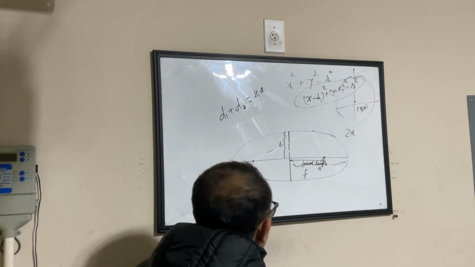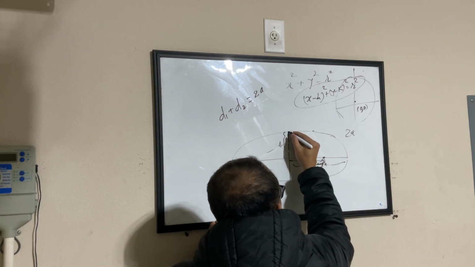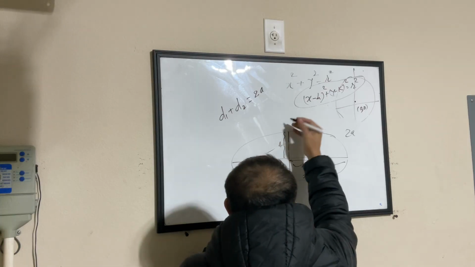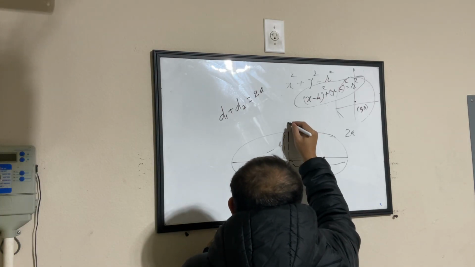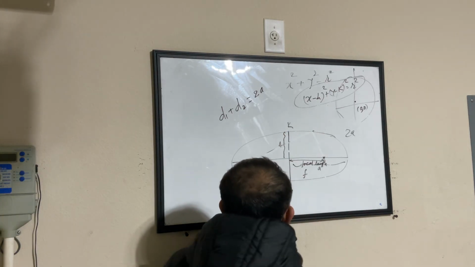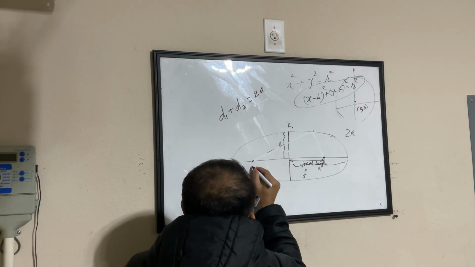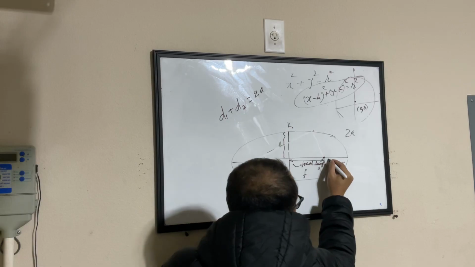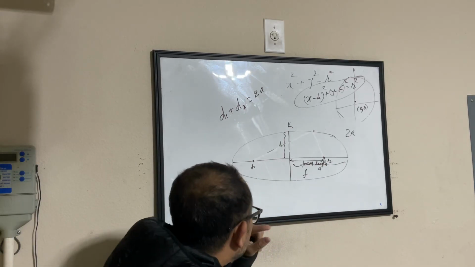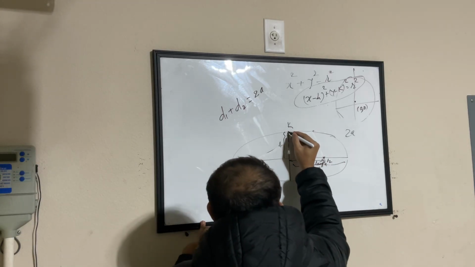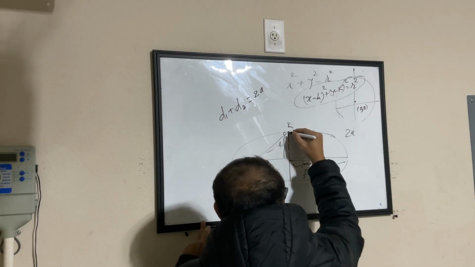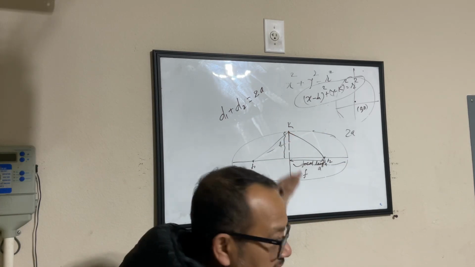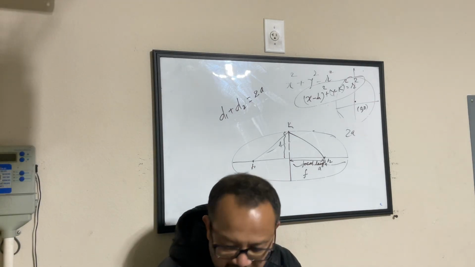Okay. So let's pick up a point on the minor axis, and let's say this point is K, and these are foci. I'll call it f1 and I'll call this f2. So if I pick up this point and join these two, now if you look at this, this is a very symmetric shape.